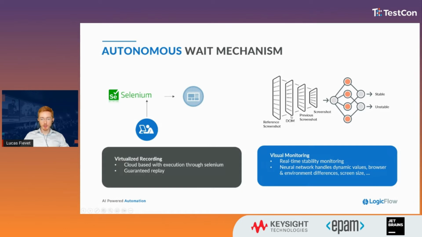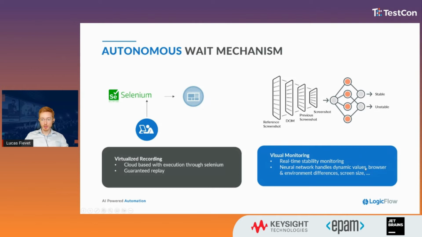And then when re-executing a test case, it compares these against the current screenshot or the previous screenshot during the execution, and will predict if the page is stable or not. This allows very good real-time feedback on the stability and readiness of the page.